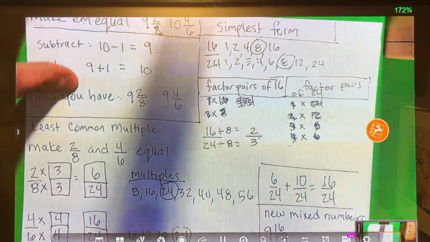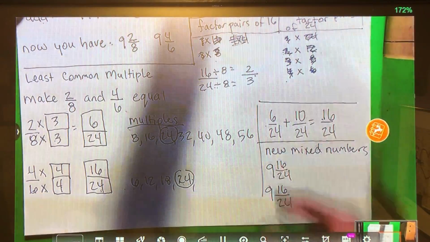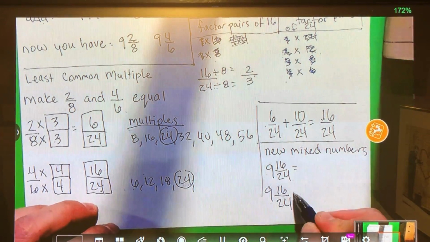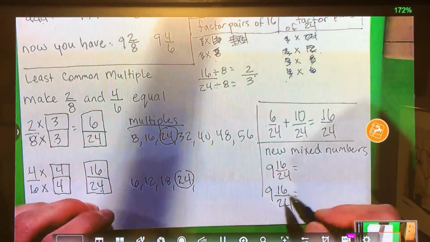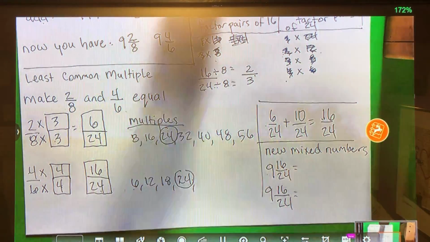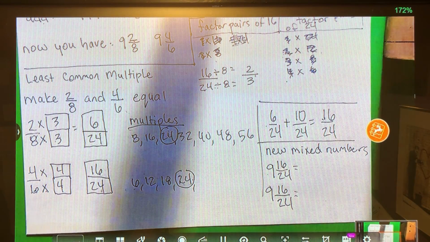In all of this, our whole number has not changed. Our whole number is still 9. And they are equal at this point, and you could stop at 9 and 16/24. But kids, once we enter into that 5th grade realm next year, we want to be able to put our fractions into simplest form.